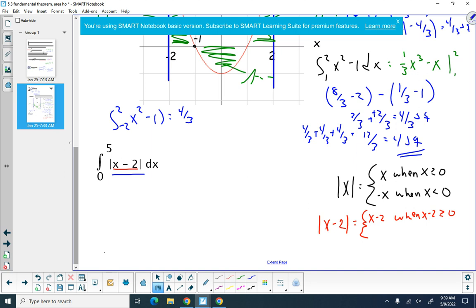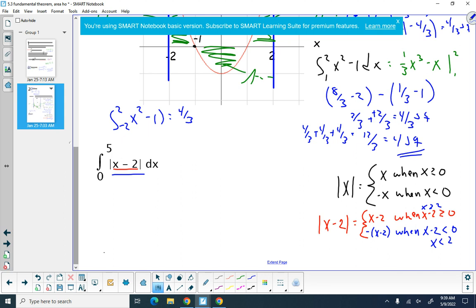Well, if we look at that, this is when x is greater than or equal to 2. This will equal the negative of x minus 2 when x minus 2 is less than 0. That's when x is less than, adding 2, x is less than 2.